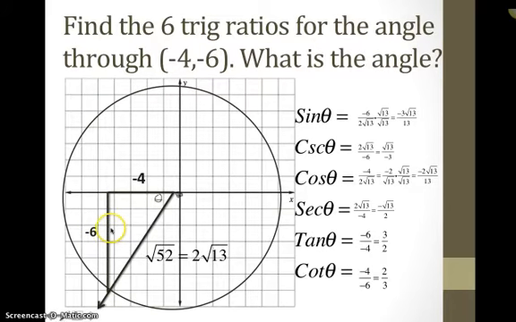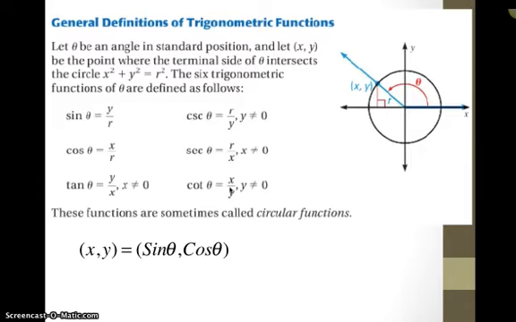Okay, so what we're seeing here is that in the coordinate plane I can always create this circle and then talk about degrees that are created on that circle and then form triangles to be able to calculate these trig values that we have. We can extend our understanding here to what we call general definitions of the trigonometric functions.